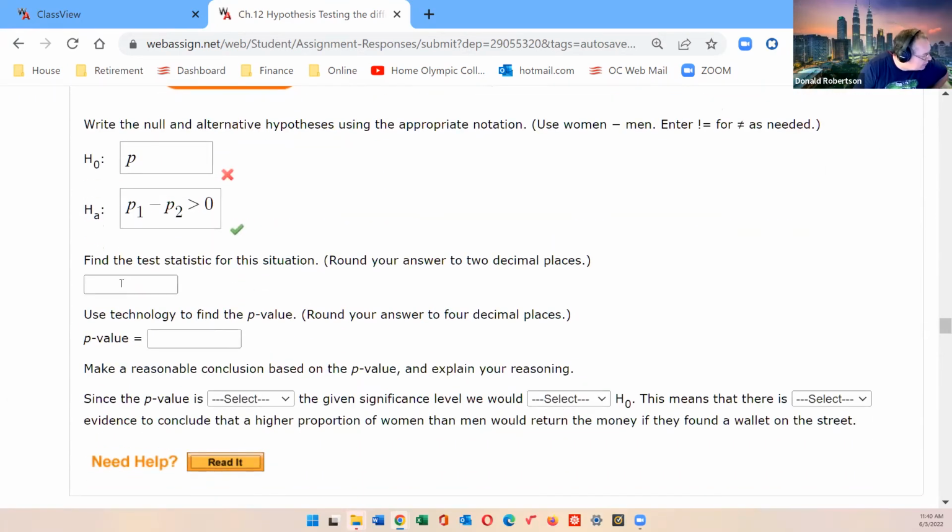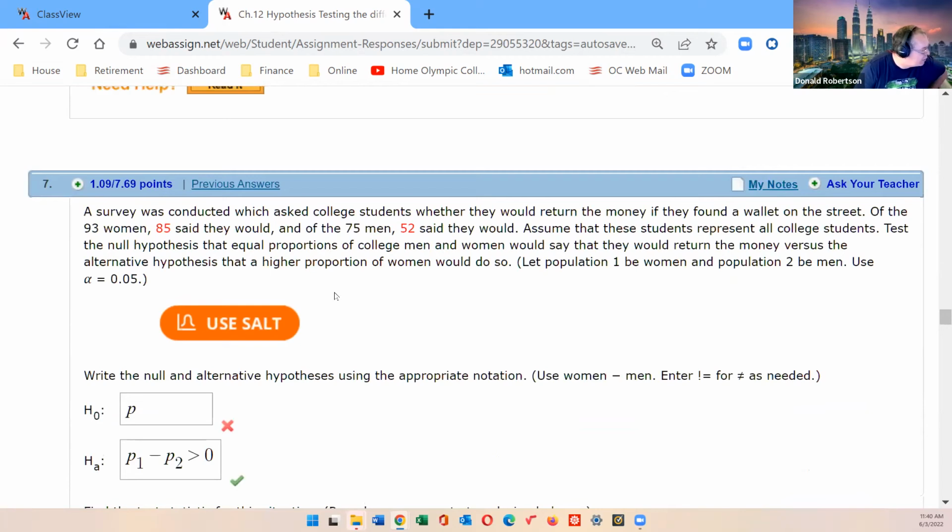Now, the test statistic, did you say that these didn't work? Okay, yeah, so let's check that. I'm going to have to change the numbers, of course, because now it's going to be 85 out of 93 for the women, and it's going to be 52 out of 75 for the men.